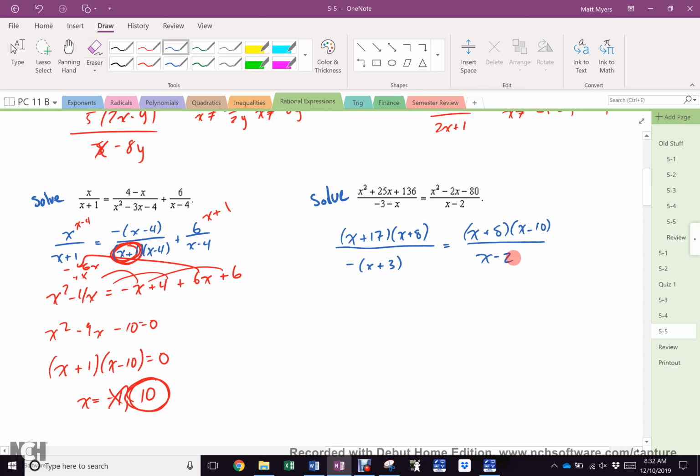Is everybody happy to there? Just factored, right? Is that fraction equals fraction? So what can we do every time we have fraction equals fraction?